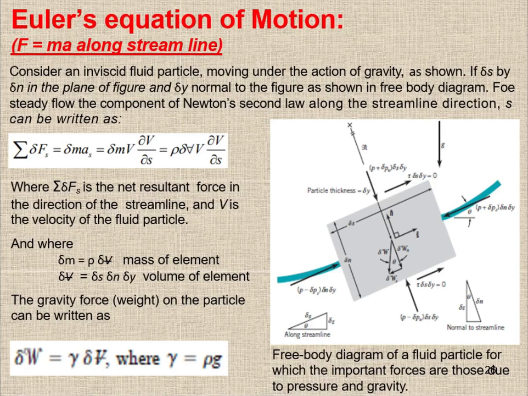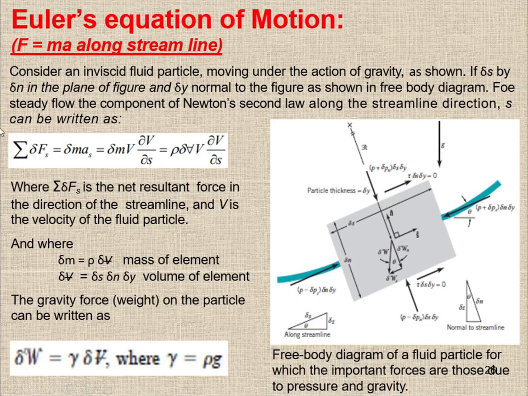So here consider inviscid fluid properties. Now consider an inviscid fluid particle moving under the action of gravity as shown, where del S by del N is the plane of the figure and del Y is normal to the figure, as shown in the free body diagram.